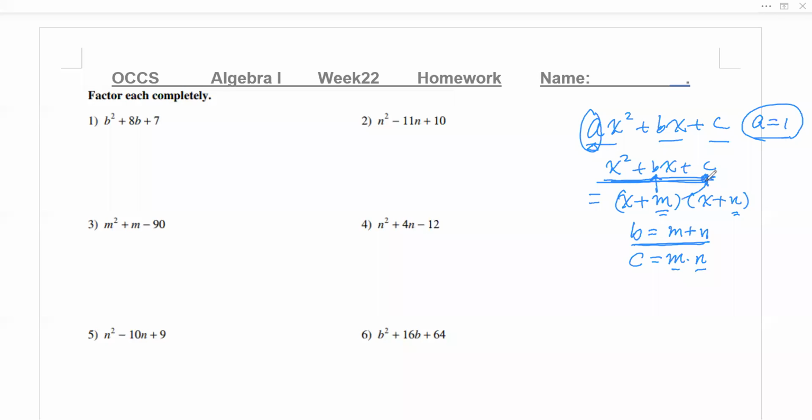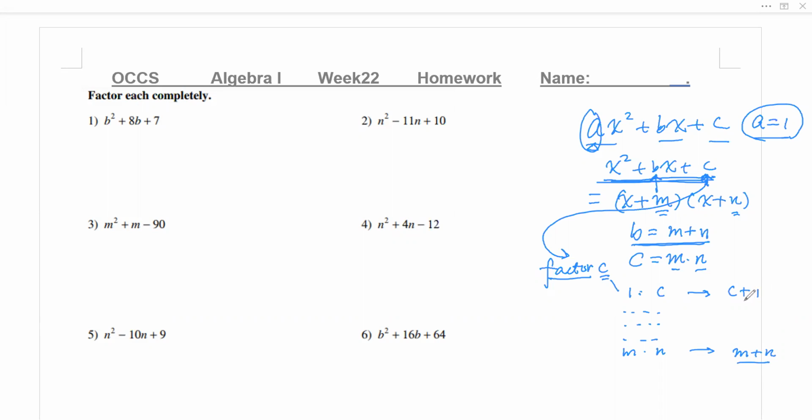We factor c into whatever possibilities it has. Maybe 1 times c, and there are many pairs, maybe including m times n. Then we find the sum of them, like c plus 1, or m plus n.